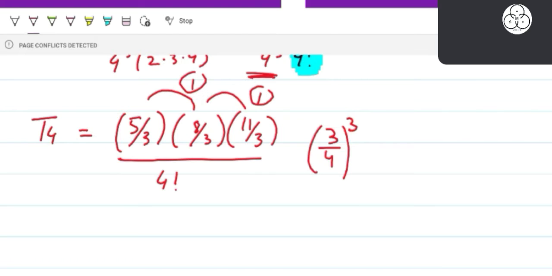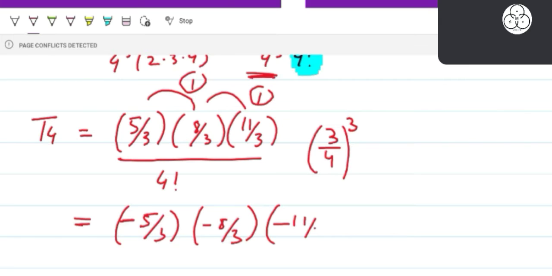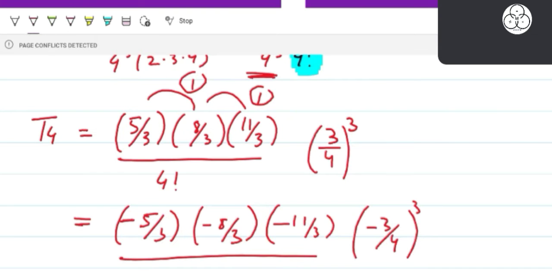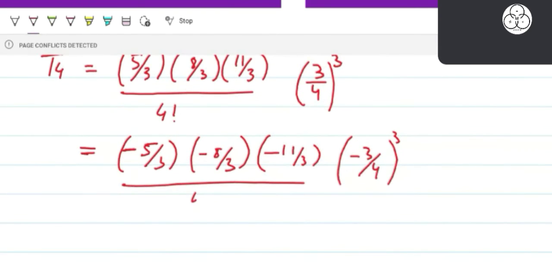So what we can do is, if we consider all these numbers as negative, multiplying by minus, right? 5 by 3, minus 8 by 3, minus 11 by 3, minus 3 by 4 whole cube over 4 factorial.